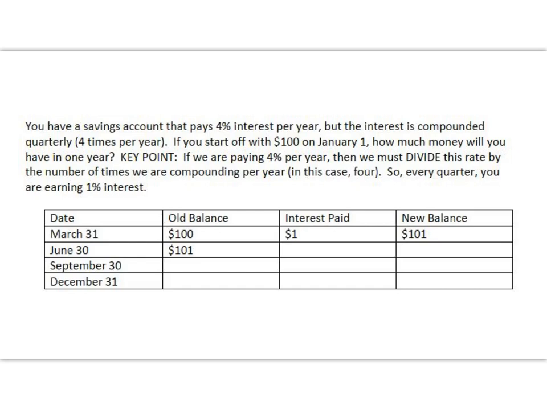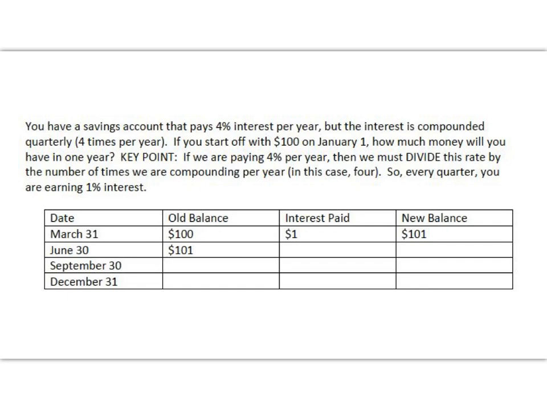Now, if you are paying 4% per year interest, then what you must do is divide that rate by the number of times that you're compounding per year. See, they're not going to pay you 4% for just 3 months. They're going to pay you just a portion of that. So every quarter, you are earning 1% interest on this particular scenario.